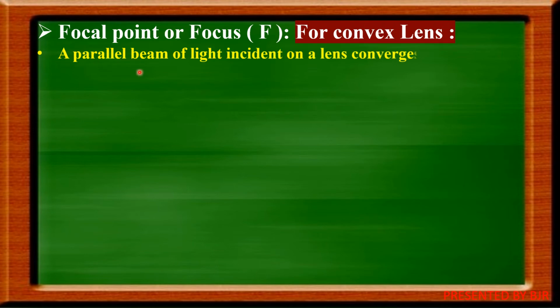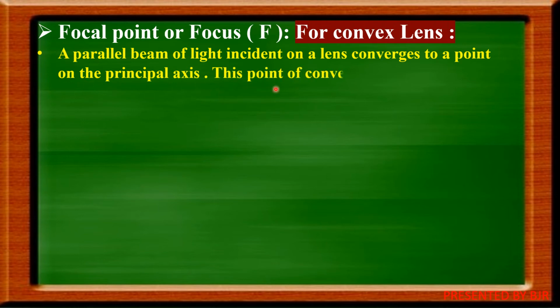A parallel beam of light incident on a lens converges to a point on the principal axis. This point of convergence is called the focal point. So in the case of a convex lens, I am showing you what the focal point is.